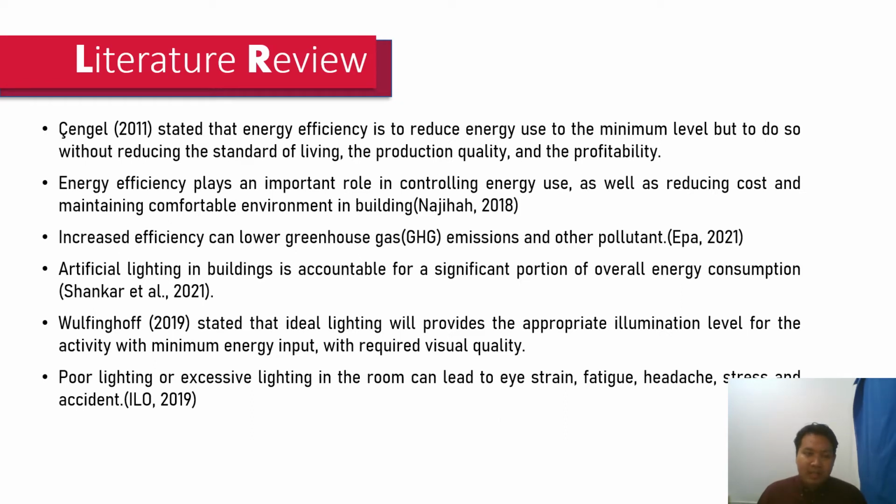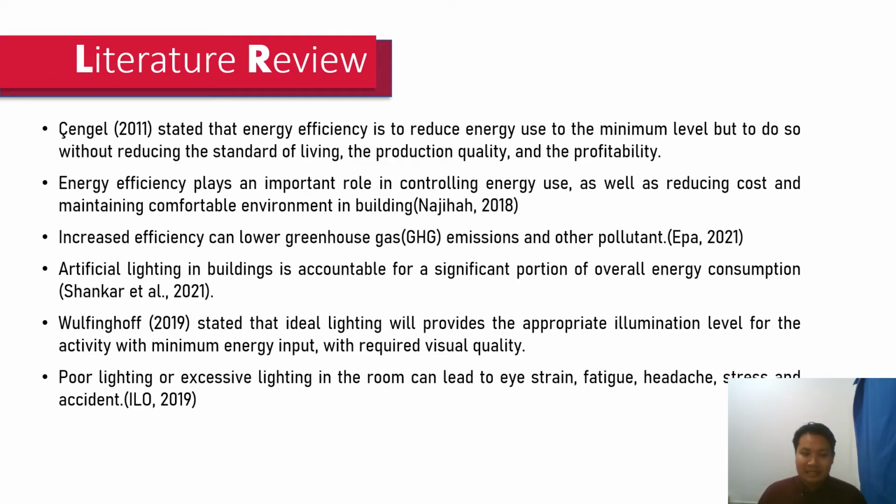Next, we proceed with the literature review for this study. There are some examples of the journal review for the project. For example, energy efficiency plays an important role in controlling energy use, as well as reducing costs and maintaining a comfortable environment in buildings, stated by Najib 2018.